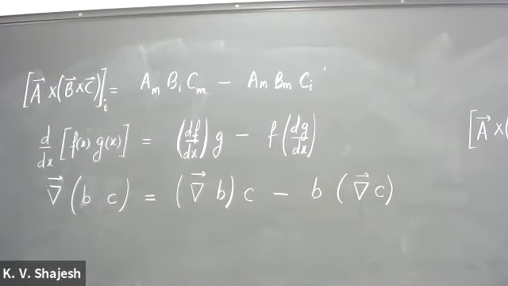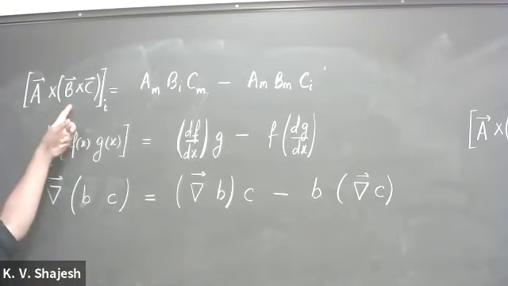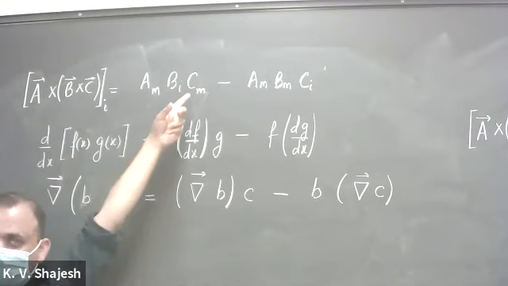Now this is interesting because this is a vector, so this could come in a cross product. We want to talk about what happens to the cross product when there is a gradient acting on it. The gradient will have this property, but if B and C are vectors, they will also have this property.